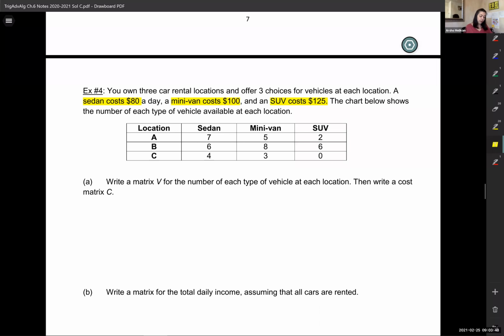The chart below shows the number of each type of vehicle available at each location, right? So in A, in your Calabasas location, you've got 7 sedans, 5 minivans, 2 SUVs. And then in your Agoura location, you've got 6 sedans and so on and so forth.